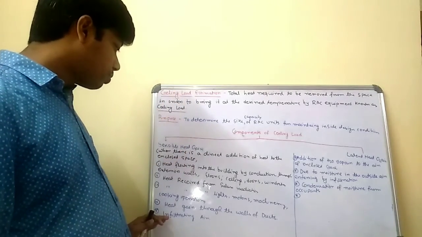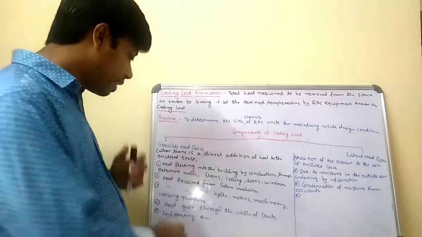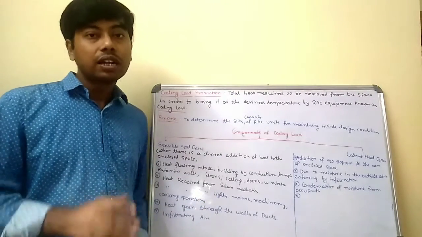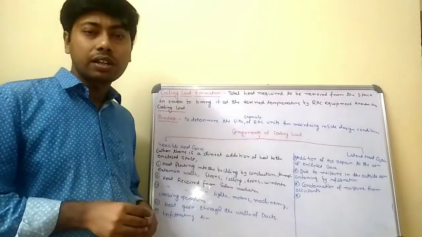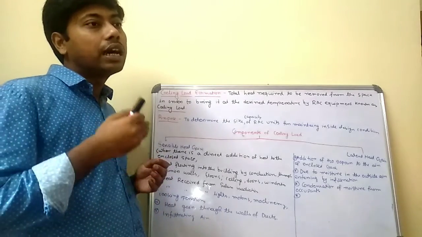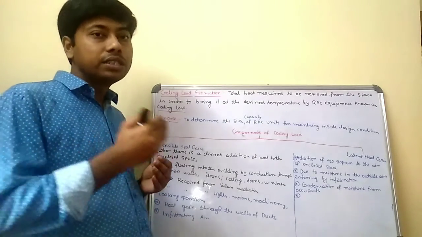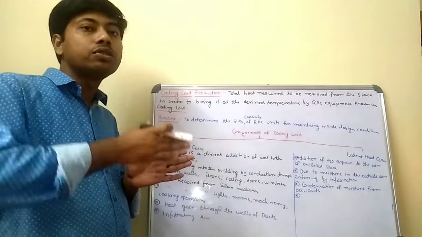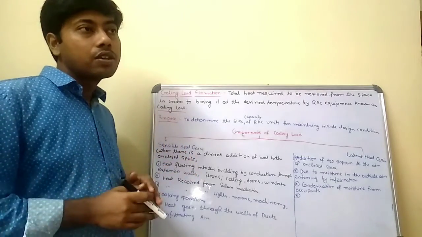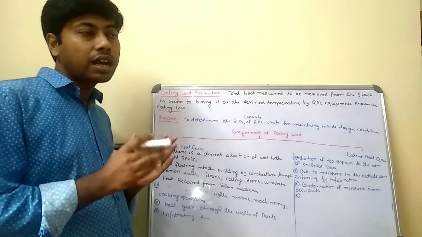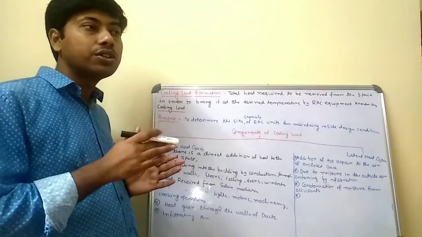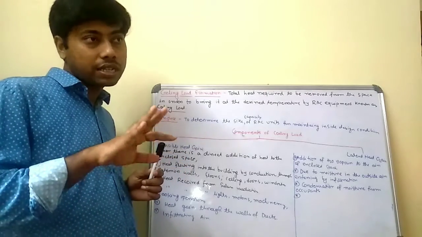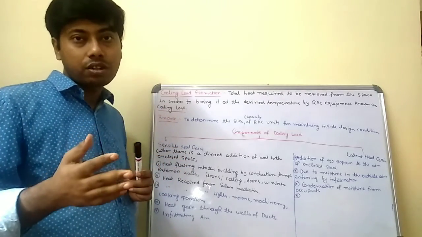Next is infiltration and heat gain through the walls of the duct. As you know, the duct is basically the distribution part of the air conditioning equipment, where the conditioned air is discharged from the equipment to the space to be conditioned. When the air flows through the duct, there is some heat transfer, because there is a temperature difference between inside and outside of the duct.